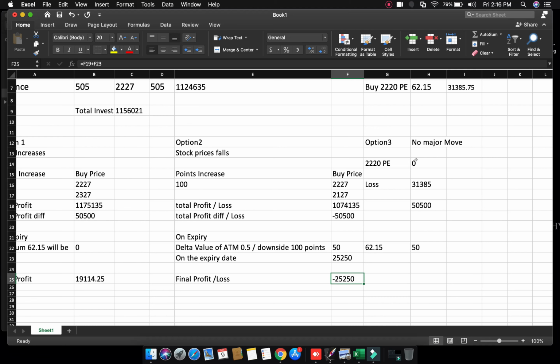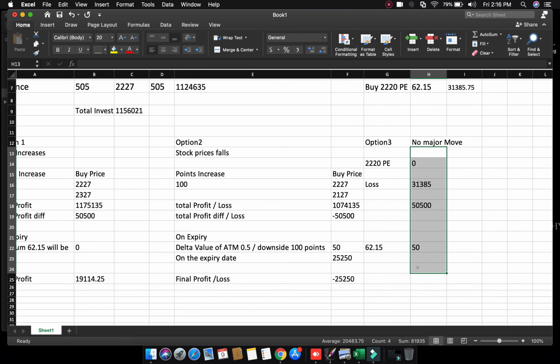Coming to option 3, there is no major move either upside or downside. In that case, your premium will go to 0. So your total loss will be 31,385.